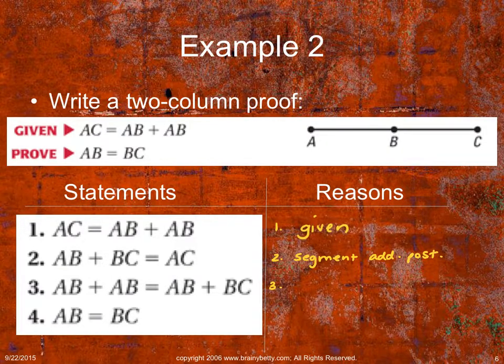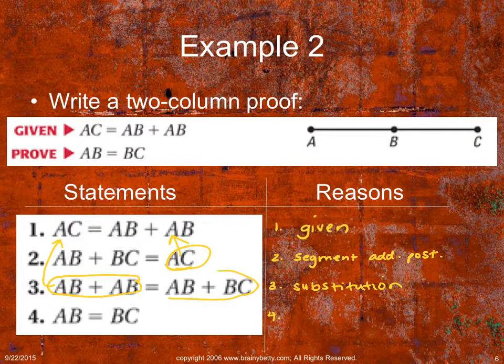Three says AB plus AB equals AB plus BC. Substitution. You took AC in this one and replaced it with what we just said it equals. And 4 says AB equals BC. We took AB plus AB and replaced it with what it equals.